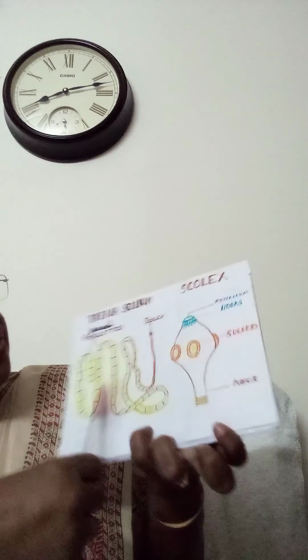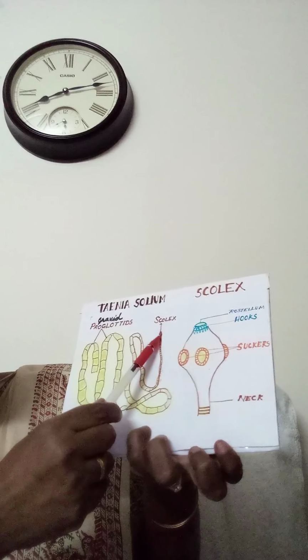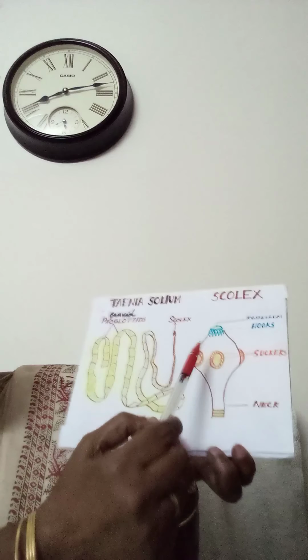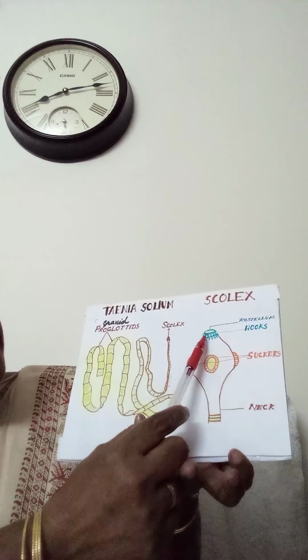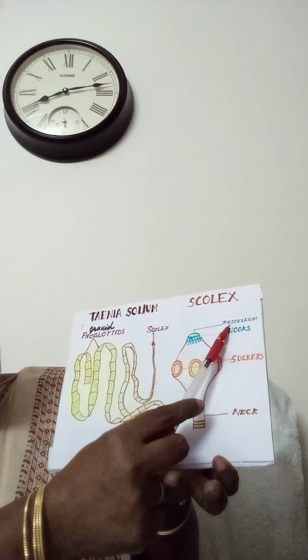For example, say this is Taenia solium, tapeworm. The anterior part of the body is known as scolex. So this part, head region, is known as a scolex. The scolex will be having a mobile cone, the moving cone, that is known as a rostrum.